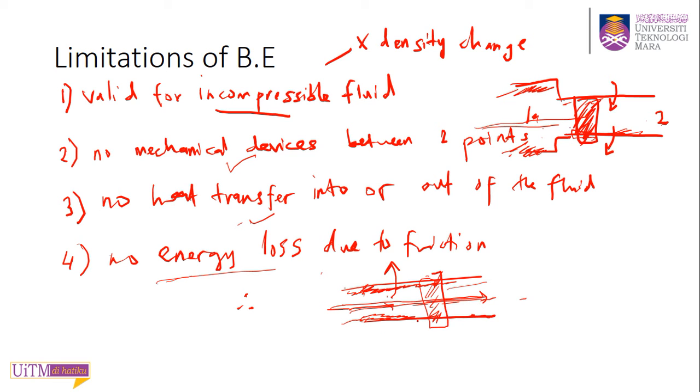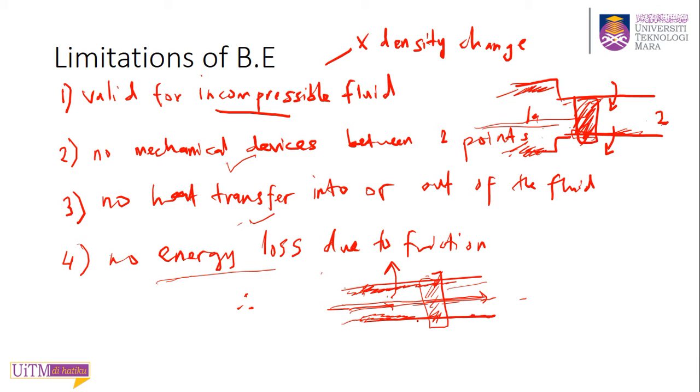So in theory, that's why we assume the fluid is incompressible. There's no mechanical device. There's no heat transfer. There's no energy loss. But in reality, they are always there.